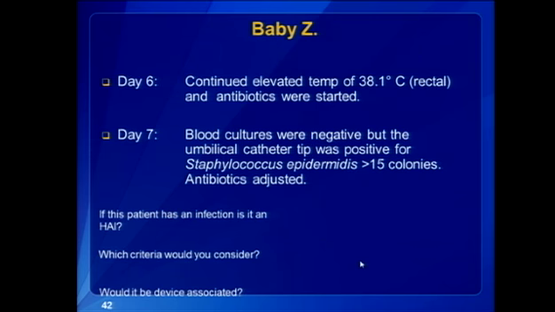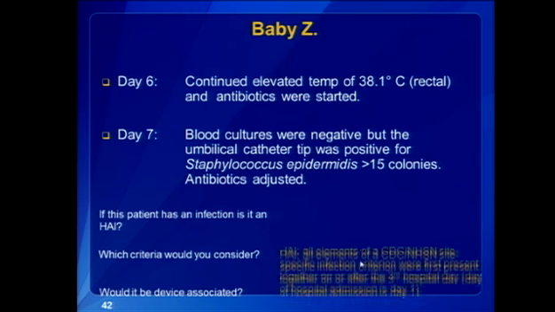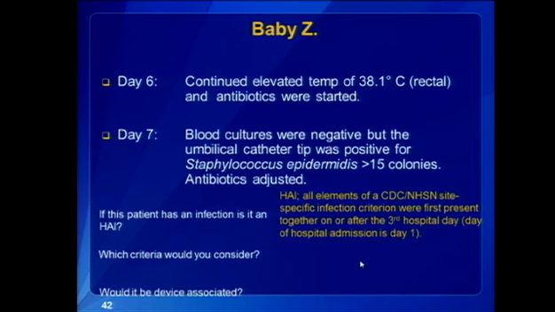So the first question is, if this patient has an infection, is it an HAI? It is an HAI. All elements of the CDC NHSN site-specific infection criterion were first present together on or after the 3rd hospital day. And which criteria would you consider? LCBI 2 or 3.